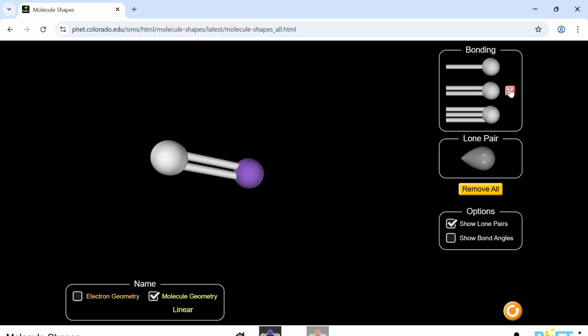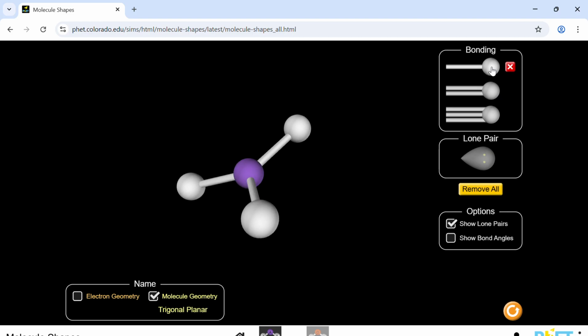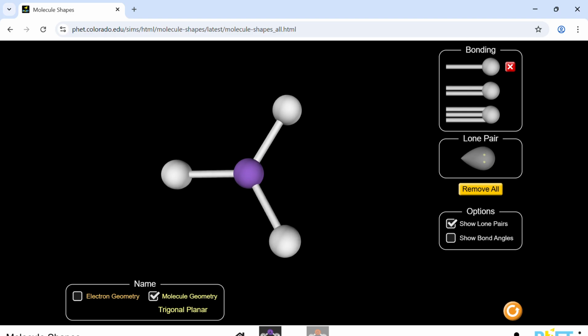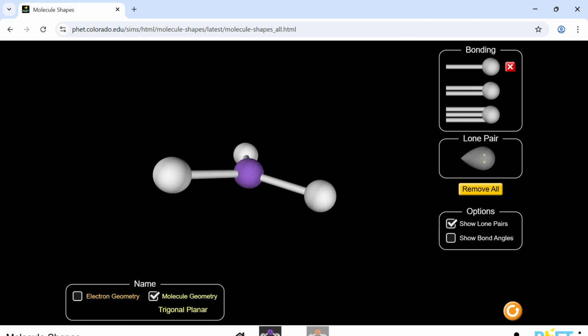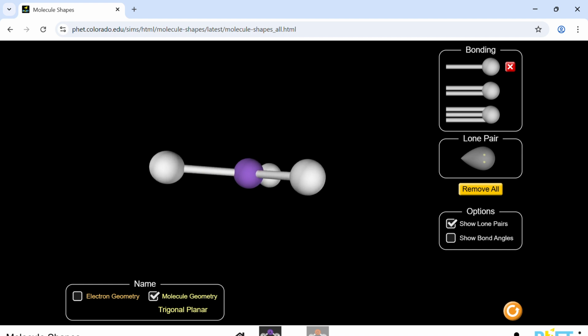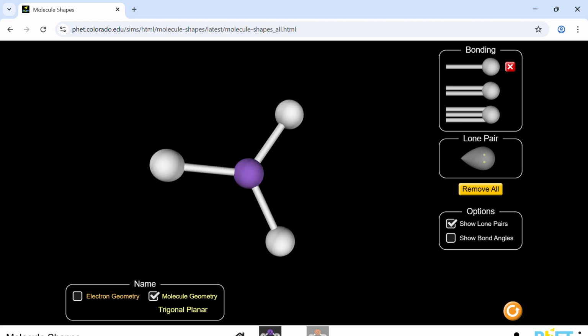And we can still visualize it using this model. So we can see that this would be the 3D visualization of a trigonal planar molecule. So we can see that these 3 atoms actually are placed on the same plane, and they form a triangular shape.